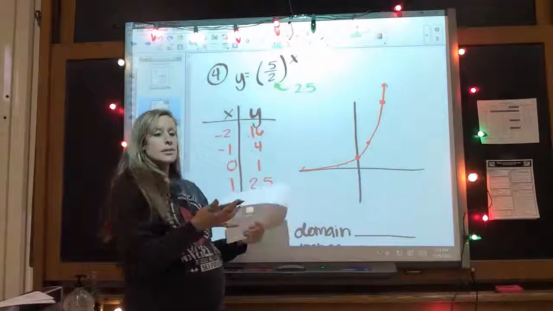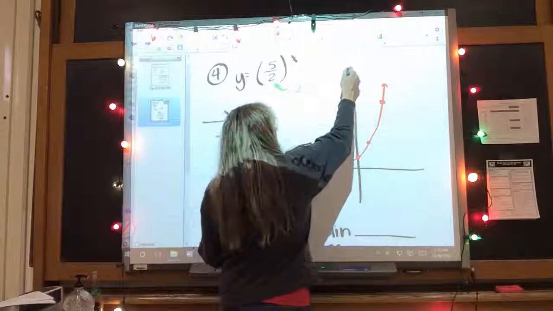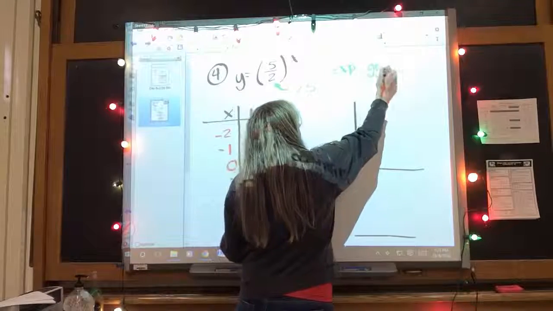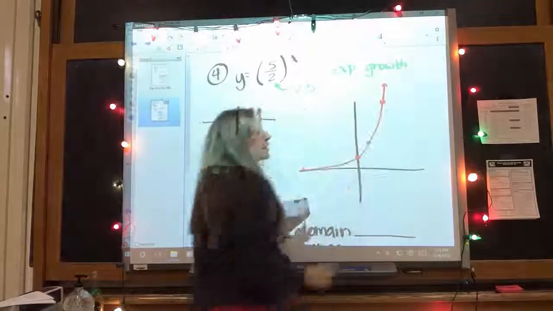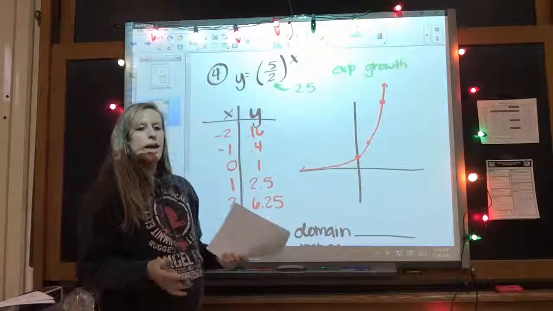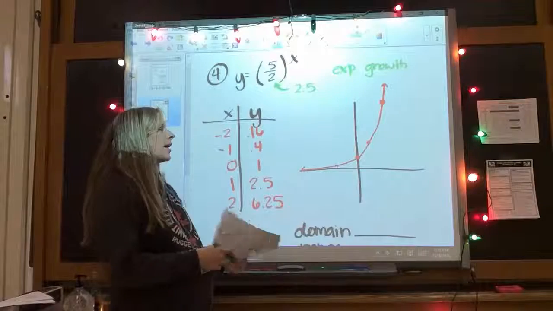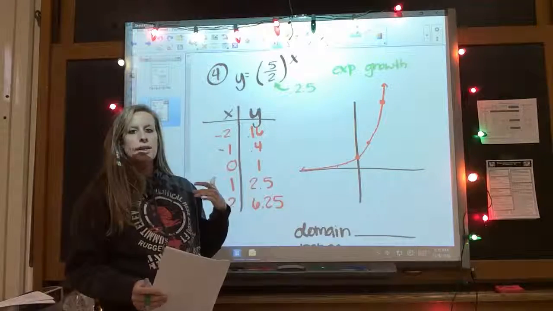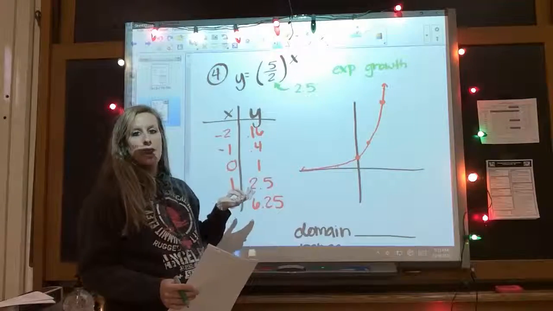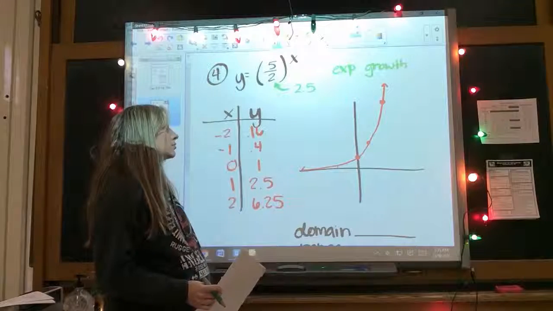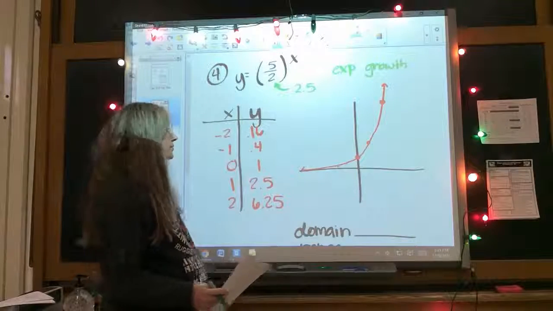And it is. It is greater than 1. So this is actually exponential growth. So you can't necessarily always say, okay, if my base is a fraction, it's going to be decay. Because you can have an improper fraction that gives you a base greater than 1.